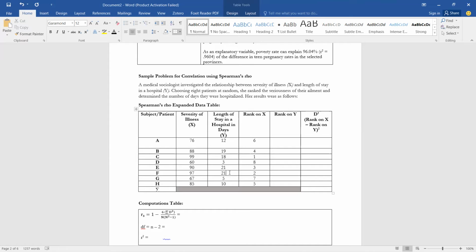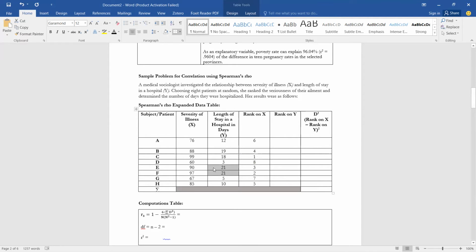So that's the way to break the tie. We will do the same in Spearman's rho. So let's see. E and F, longest stay in the hospital, should both be ranked 1. But because they are a tied pair, we need to first get the sum of their scores and then divide it by 2 because there are 2 people involved.